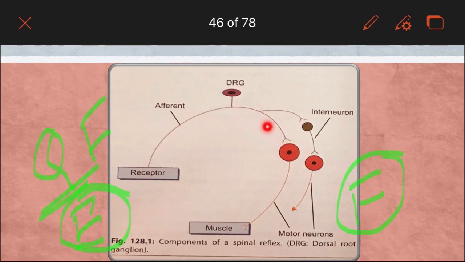Now one branch of this afferent fiber is going and making a synapse with one neuron, and that neuron in turn makes synapse with the alpha motor neuron of flexor group of the muscle. Okay, flexor group of the muscle, and that neuron happens to be inhibitory. That has to be inhibitory if it is going to this opposite antagonist muscle.